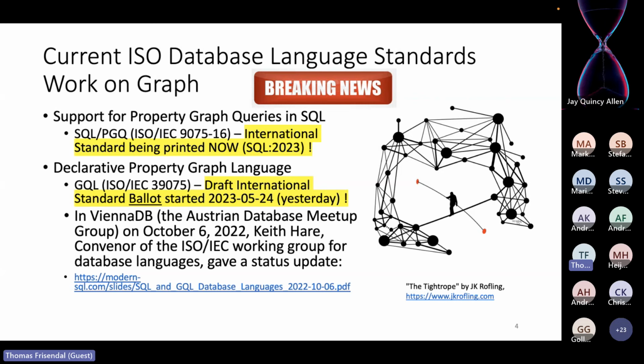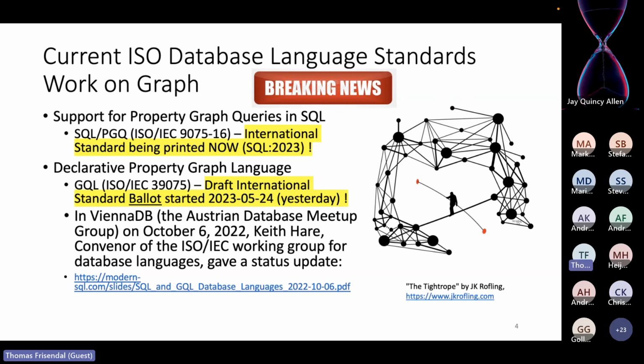Now, SQL/PGQ is an add-on to SQL. It's a read-only layer that you put on top of SQL, and it enables you to do property graph queries on top of SQL tables. The full property graph implementation is described by the GQL standard, which is a standalone declarative property graph language.